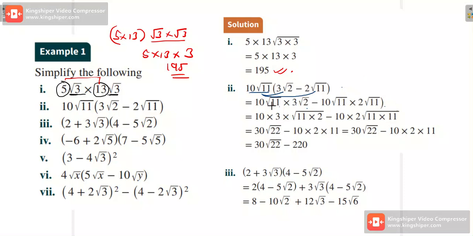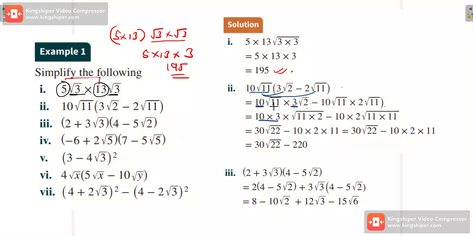Now when we get to this point, we have 10 root of 11 times 3 root of 2. So what we do is take the rational numbers, that is 10 and 3, together, and multiply. So 10 times 3, we have it here.